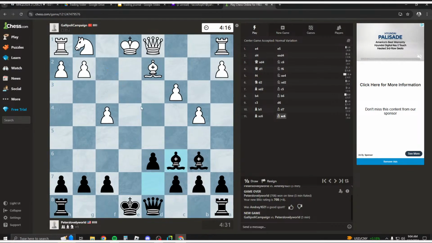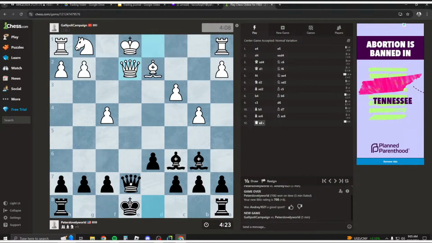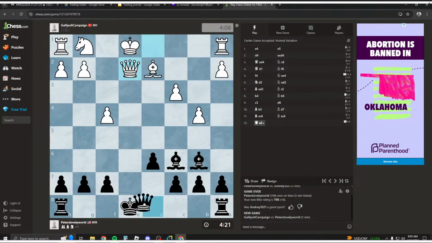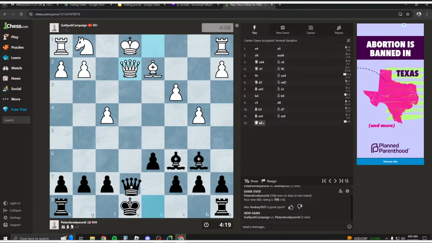Okay, so you just, okay. Because he has a right hanging rook right now. I'm actually fine with trading my queens here. Yeah, I trade my queen.